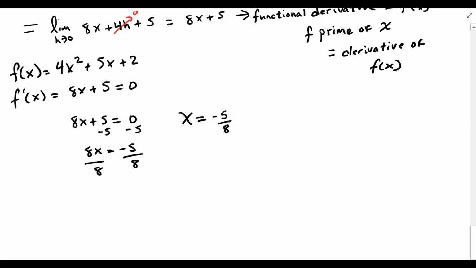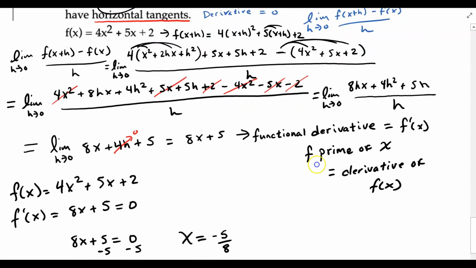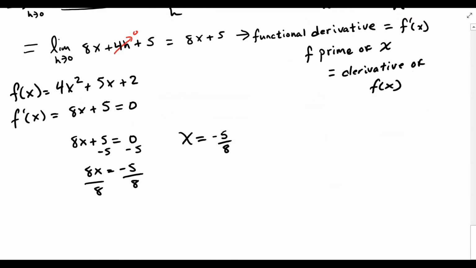Now, where's the point? Because that was the question at the very beginning: find the points. So we need an x and a y. There's actually only one point, and to find it we have to find f of negative 5/8. That's 4 times negative 5/8 to the second power plus 5 times negative 5/8 plus 2.